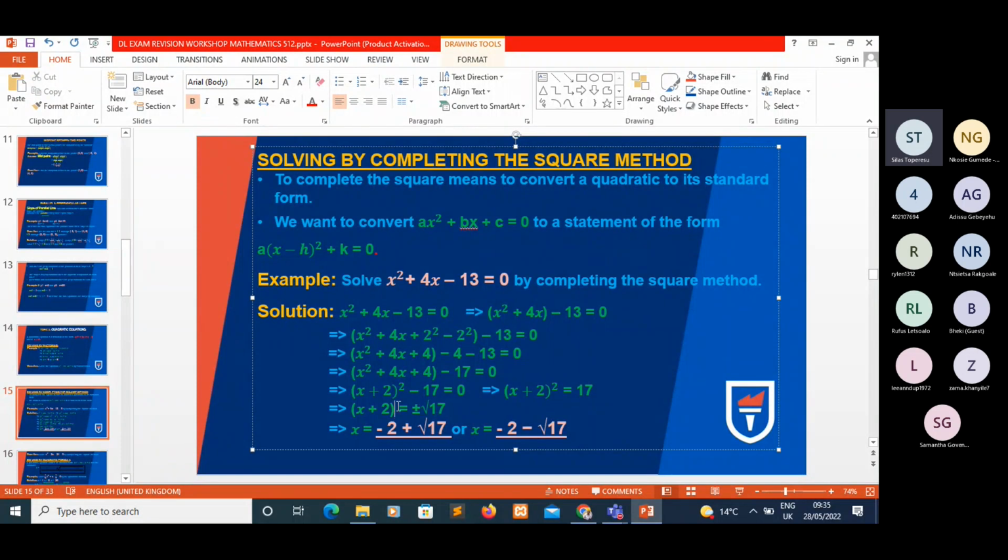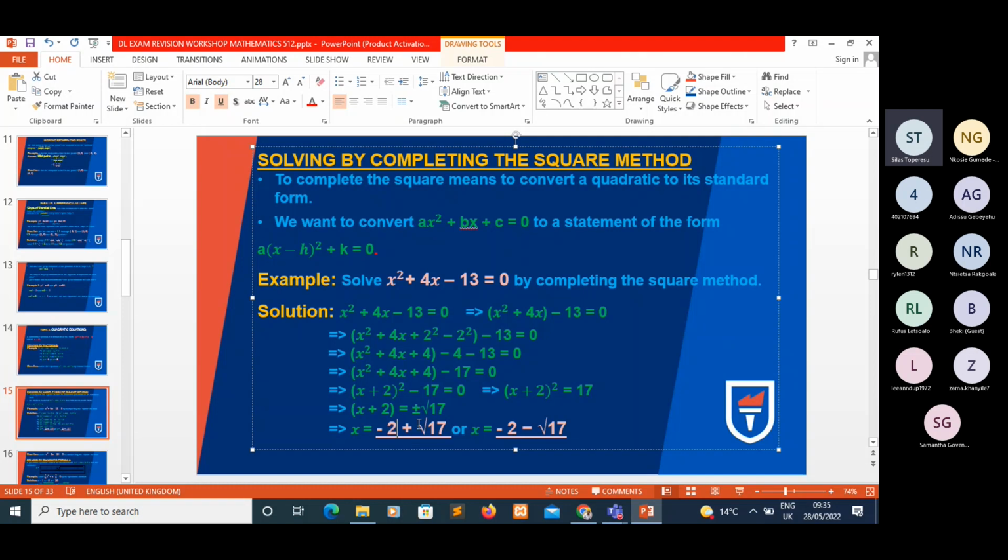But now I need to find x. How do I find the value of x? I have to take this 2 to the other side. This becomes x, which means my value of x is simply going to be x equals negative 2 plus or minus the square root of 17. When I take it to the other side of the equal sign, it becomes negative.